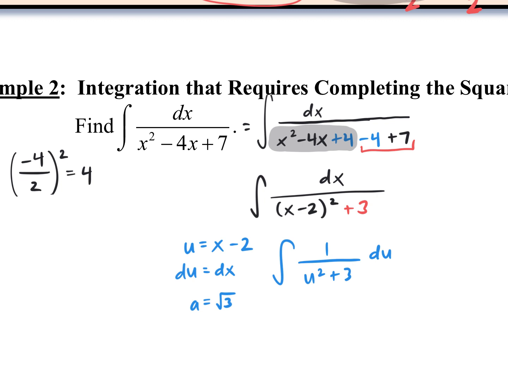Okay, so using my arctan formula, this becomes 1 divided by the square root of 3 times arctan of u over the square root of 3 plus c.